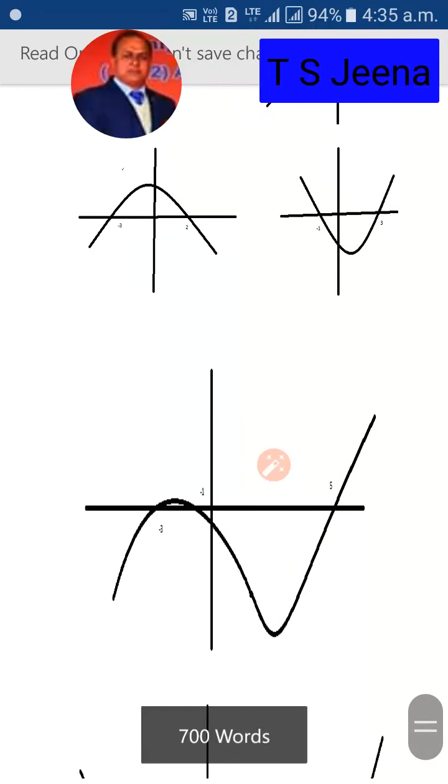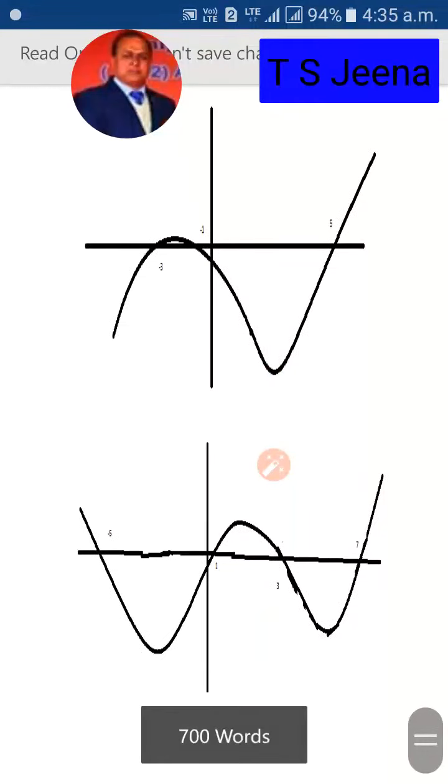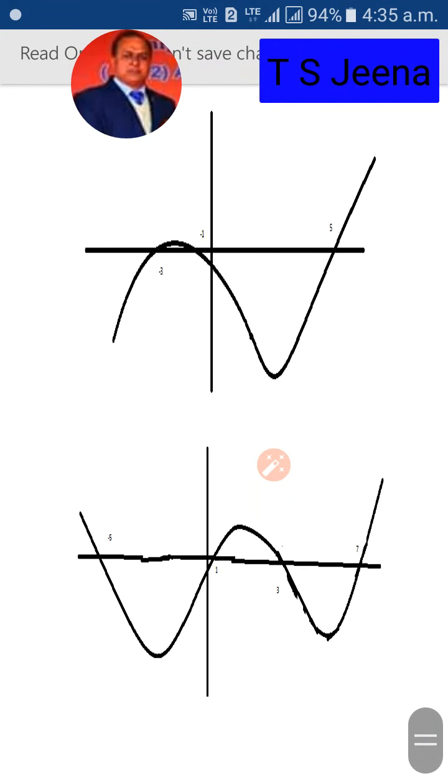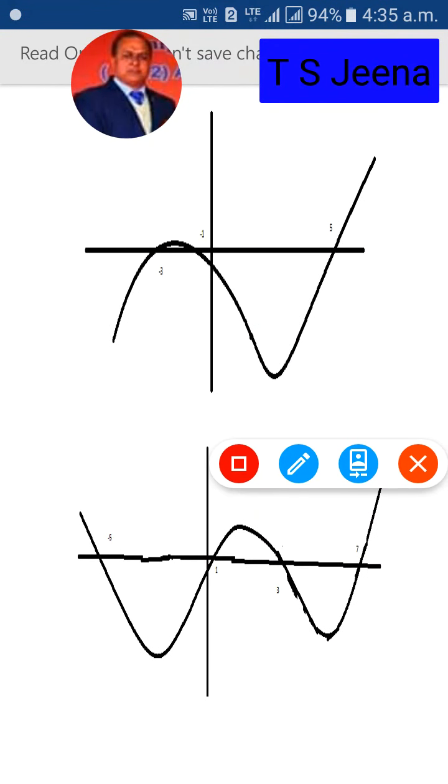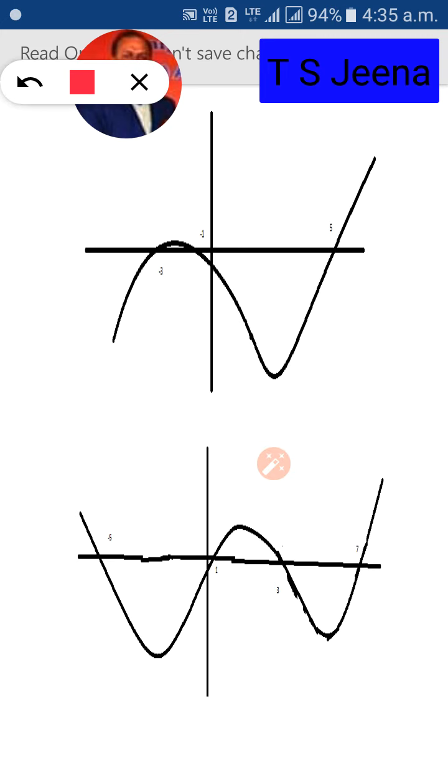After this, two more graphs are here. One is a cubic polynomial. It has 3 zeros because it is cutting at 3 points. These points are -2, -1 and 3.